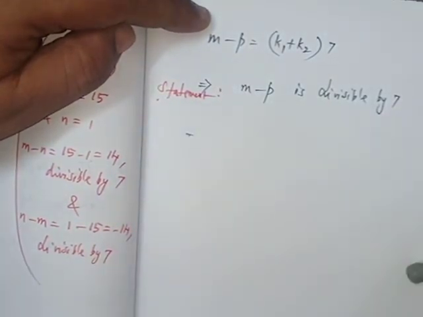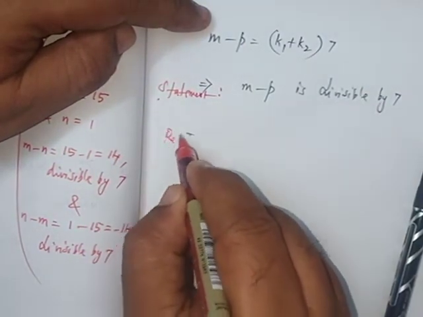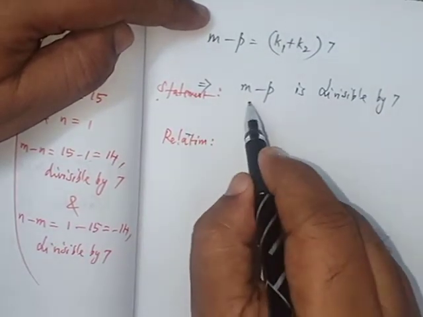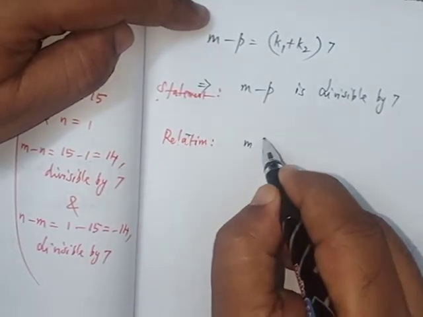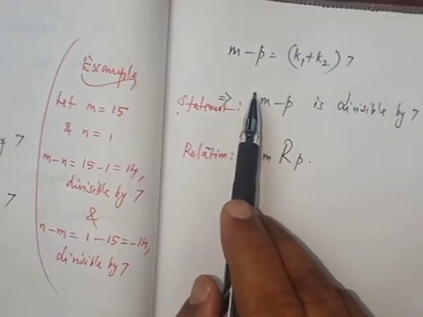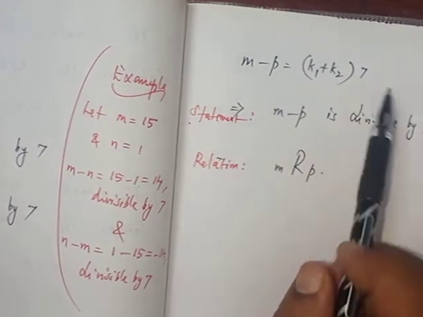Now we can write the relation. What is the relation? m minus p is divisible by 7 means m is related to p. Here what I proved finally, m minus p is equal to k1 plus k2 times 7.